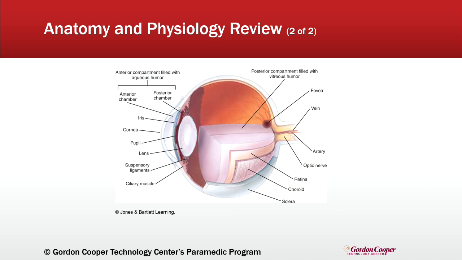This slide is just an overview of the various parts of the eye. For a more in-depth review and study of the eye and its parts and how it functions, I would ask you to refer back to your A&P text, because that can get into a fairly in-depth discussion. In the review of these parts of the eyes, ears, nose, and throat, we're not going to review them fully and in depth.